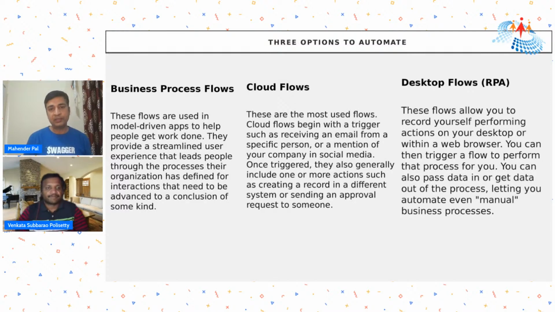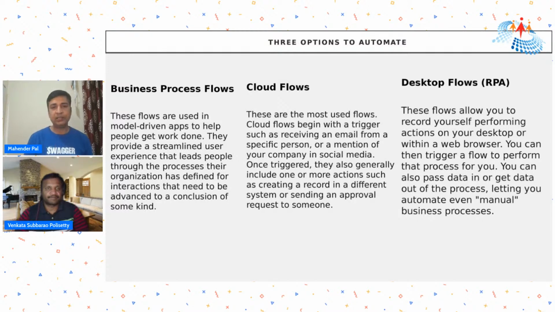What are the different options that we have which we can utilize to automate our processes? Mainly we have three options here. The first one is business process flows, and this is specifically bound to the model-driven app. We are using a first party app like Sales, or we are creating any custom model-driven app.